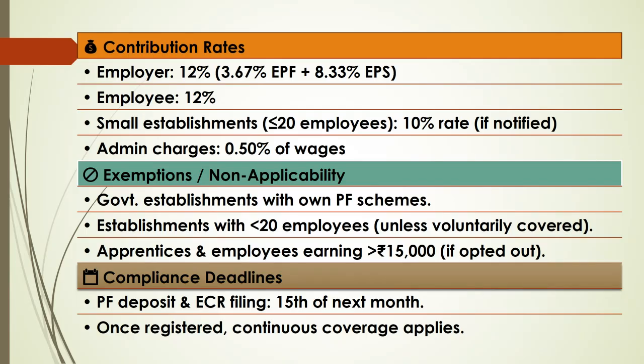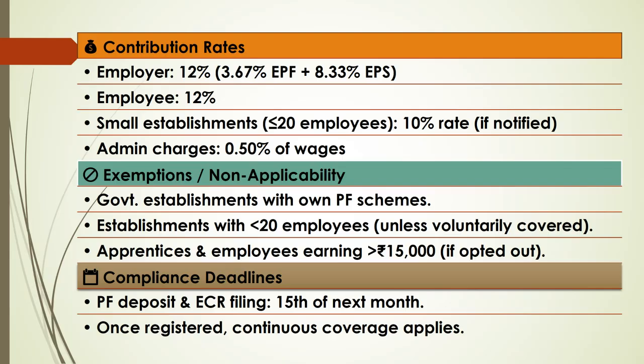Now, how much has to be contributed? 12% to be contributed by the employer, another 12% to be contributed by the employee. In certain industries where the number of employees is less than 20, 10% can be done with. Apart from the 12% employer contribution, 0.5% has to be paid as administration charges.